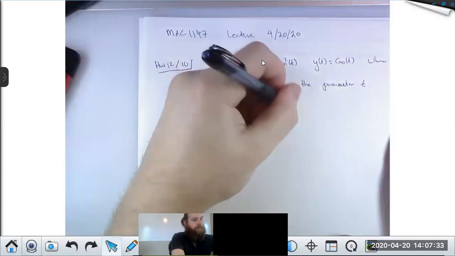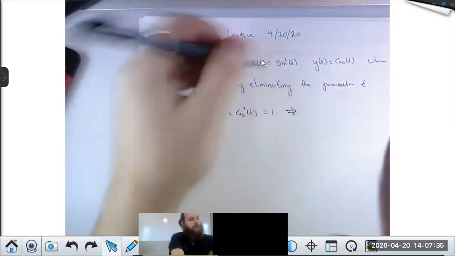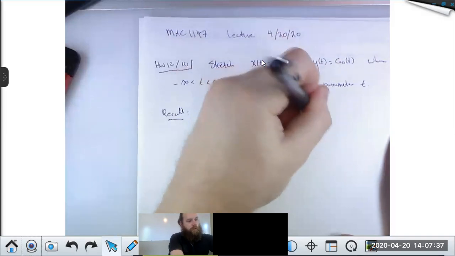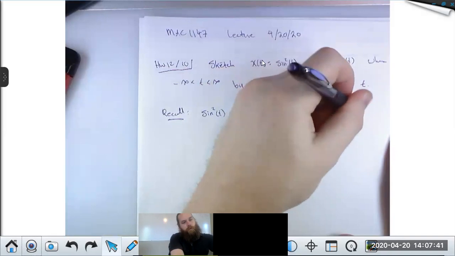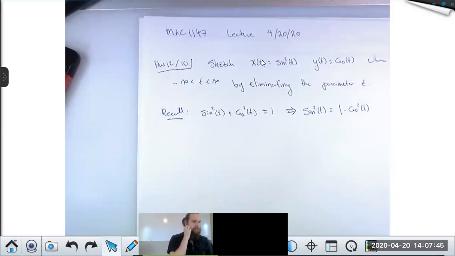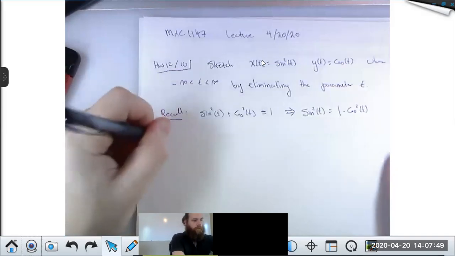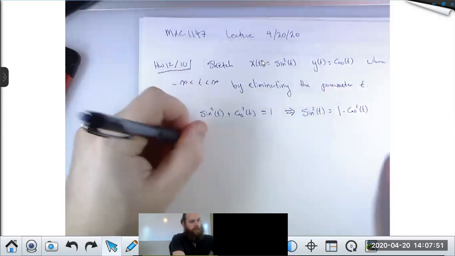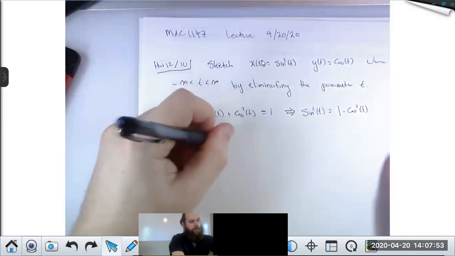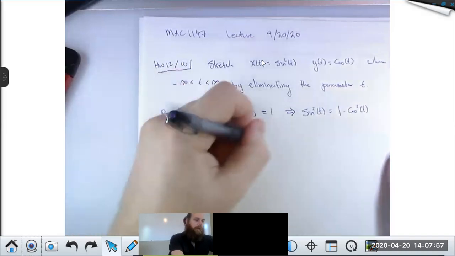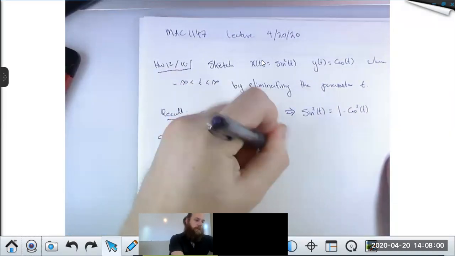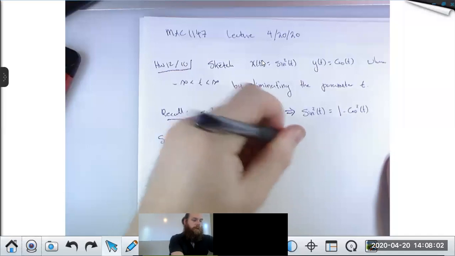This implies that sine squared t is 1 minus cos squared t. So x of t, which is sine squared t, is the same as 1 minus cos squared t.